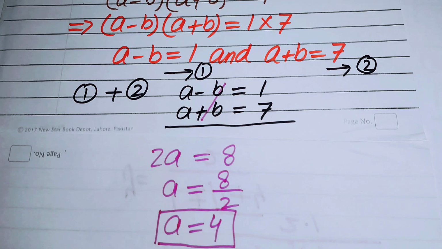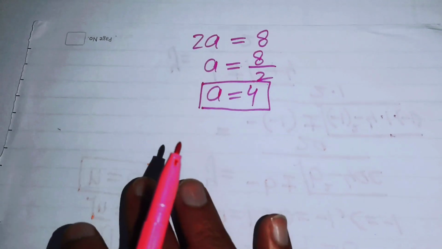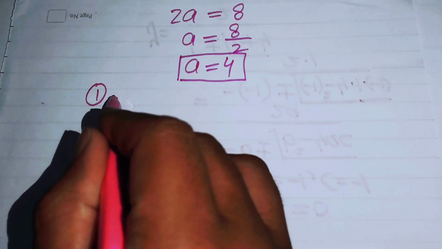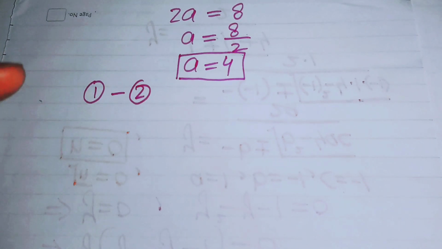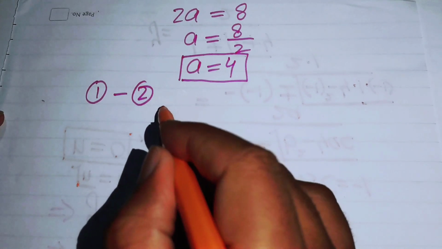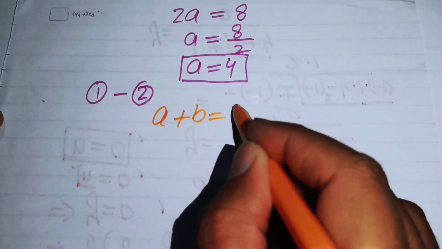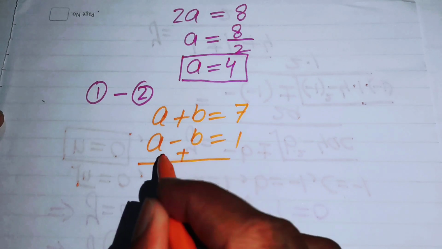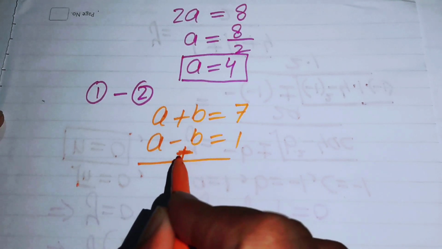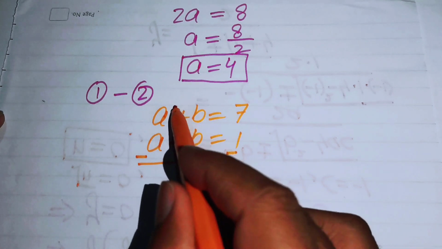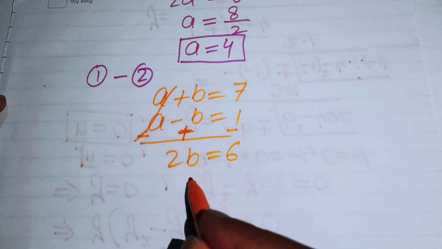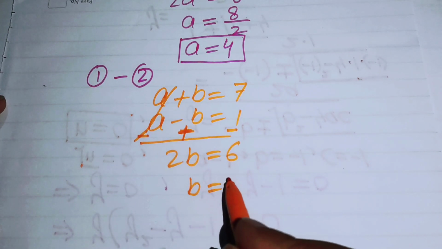So this is the value of a, and now we find the value of b. In order to find the value of b, we subtract equation 1 from equation 2. When you subtract these two equations, we get a plus b equals 7 and a minus b equals 1. Here a cancels, and we have 2 times b equals 6, and we get b equals 3.